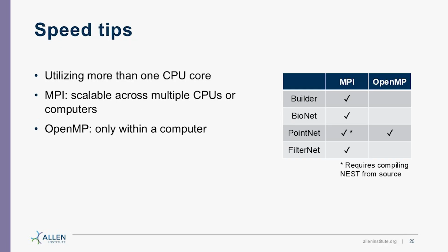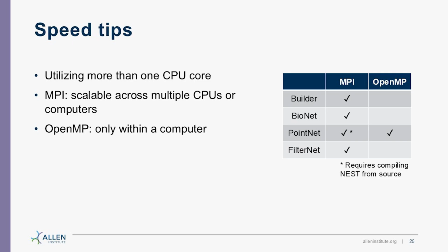And another thing is that when running these large models, because we're doing so much every second, there are so many equations involved, they often take a long time. And so what you would want to do at some point is start using some sort of parallelization. These models all work with MPI, which is what we prefer to recommend using here, which helps you scale the computation across multiple CPUs or computers.